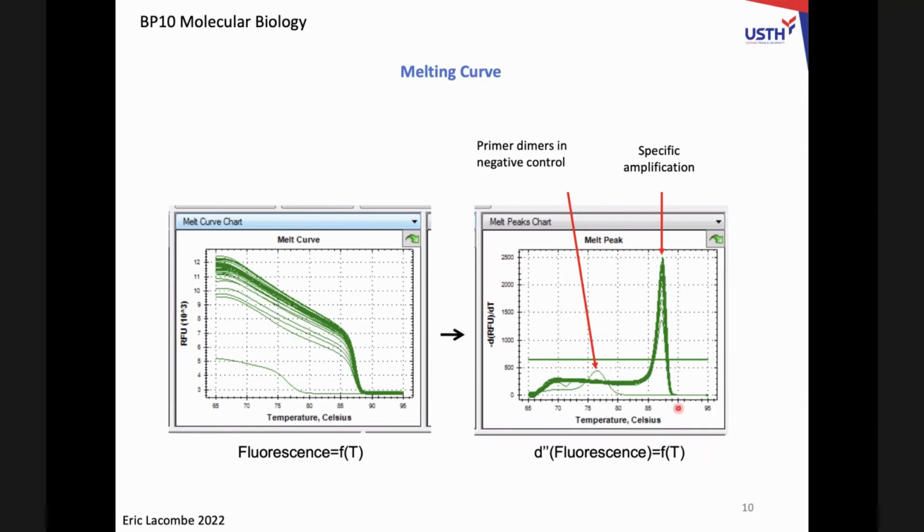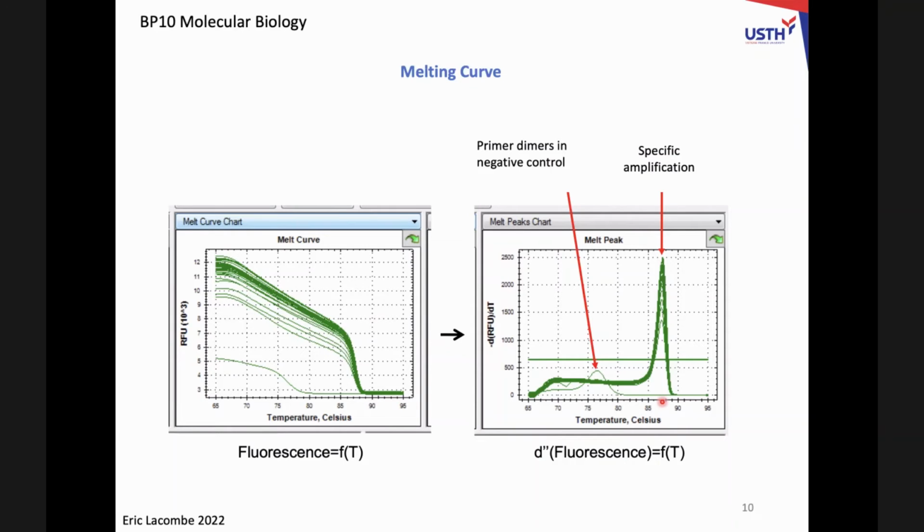If you do a melting curve with a single PCR product in the tube, because there is only one type of molecule, you will have only one peak, because every peak is specific to the length of the PCR product and the GC content of the PCR product.